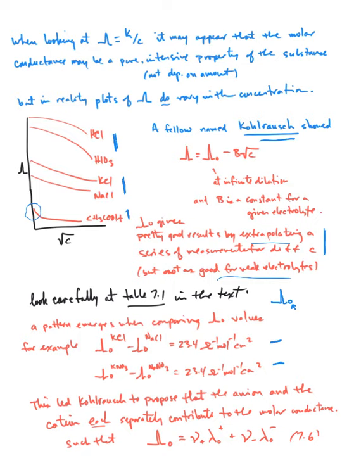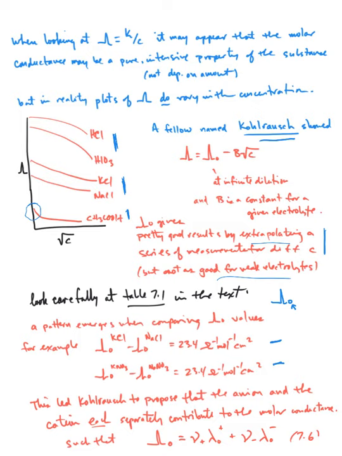Kohlrausch thought, you know what? What's going on here? It must have something to do with the fact that although the anion is constant, I'm replacing the cation with the same cation in each of these sequences. What he then thought is, oh, if this has to do with salts conducting charge through the solution, maybe each ion has its own conductance.